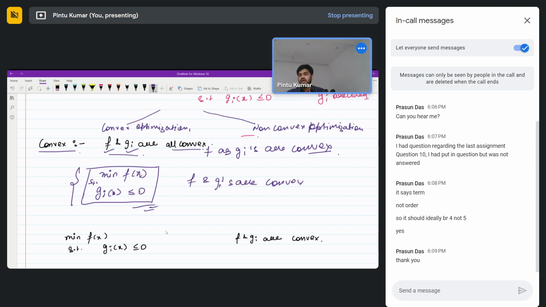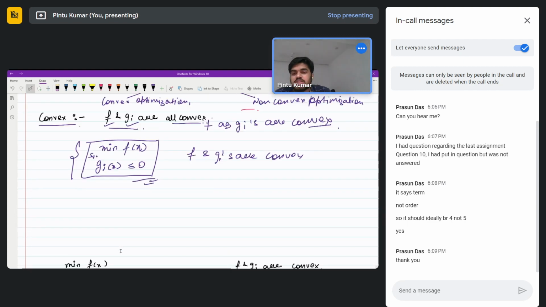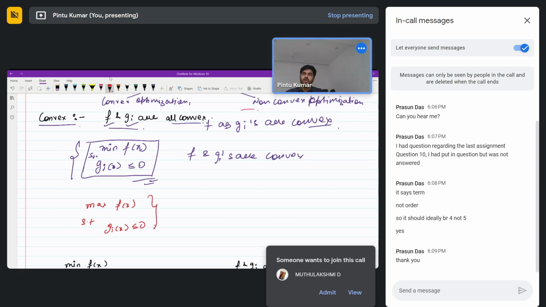Let's say this problem was maximize f of x subject to gi of x less than or equal to 0, and you want to check whether the problem given to you is a convex optimization problem or not.